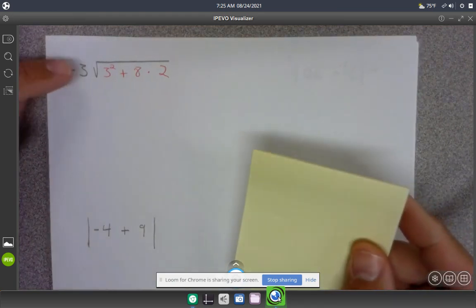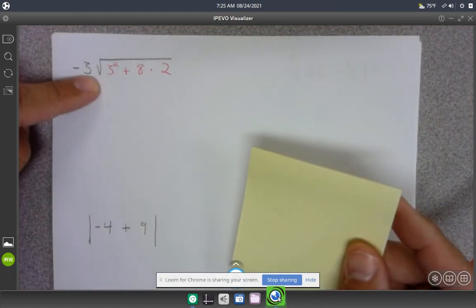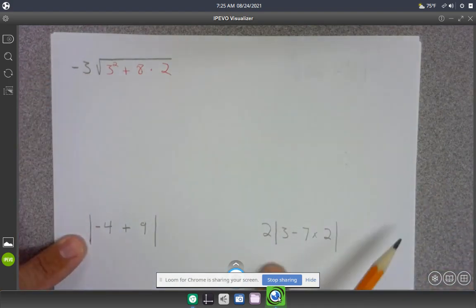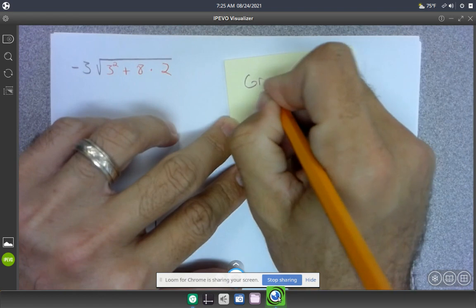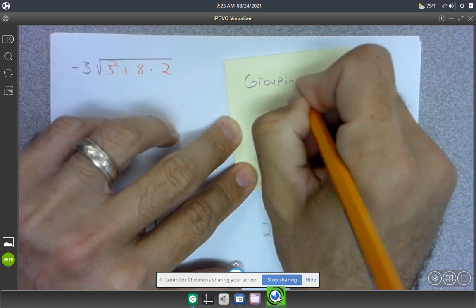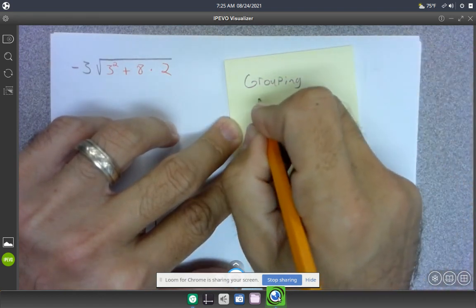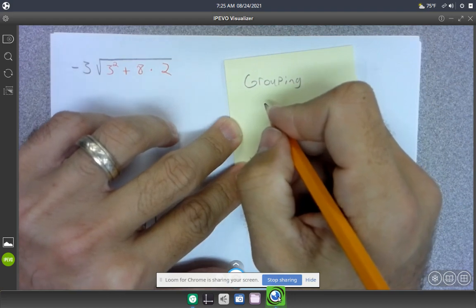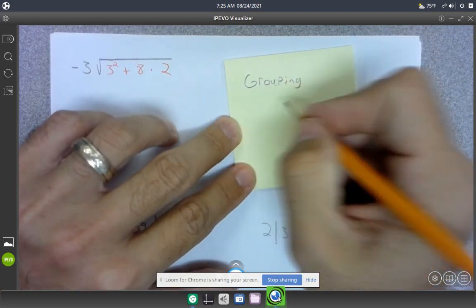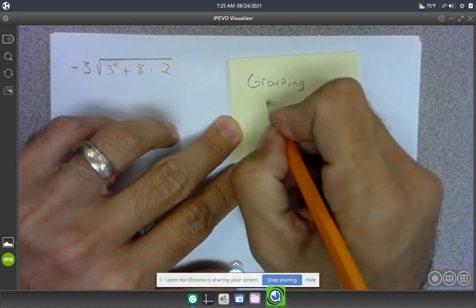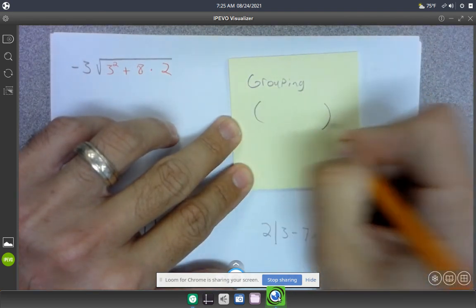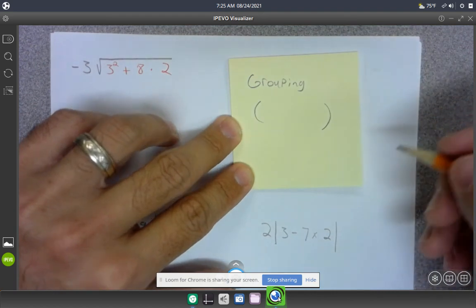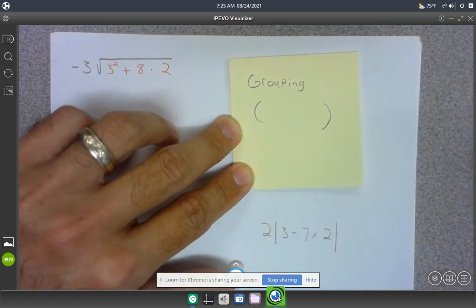All right. So we're going to look at square roots, and we're also going to look at these absolute value symbols in general. You could call these grouping terms, grouping symbols, that kind of thing. The idea is that they are going to act just like parentheses do, in that you have to do whatever's inside of them first.